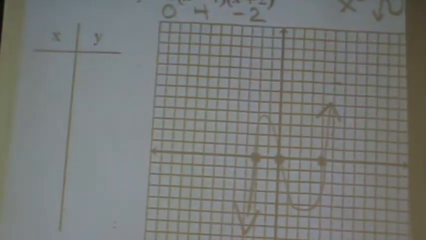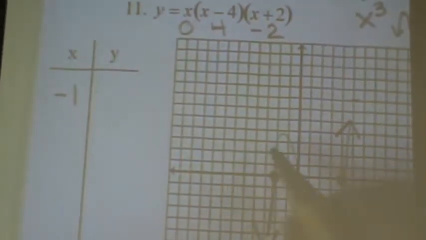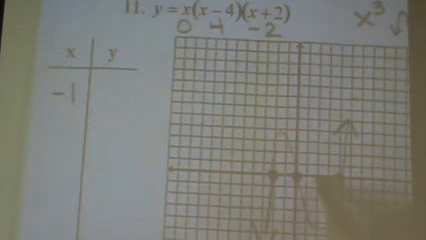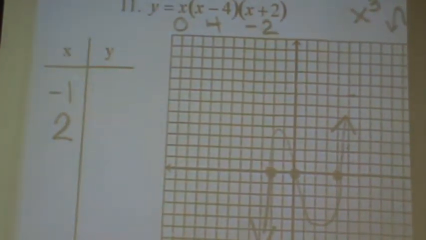Now, why do you think I gave you a T-chart here? What should you do? You're going to plot negative 1. You're going to stick negative 1 into this function. And I would do probably 2, at least that. So if you plug negative 1 in here, you get negative 1.